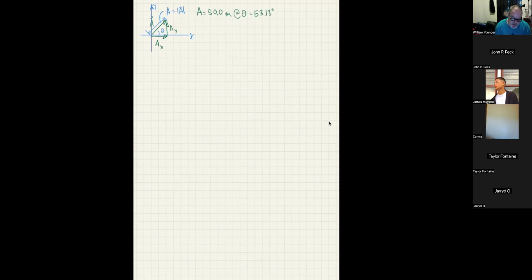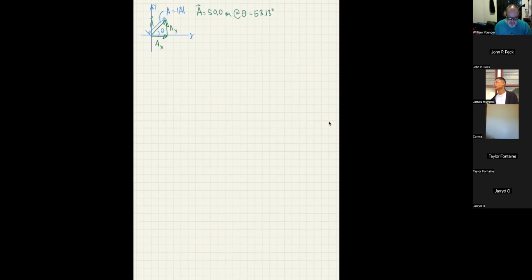Okay. Now that I've stated a magnitude and direction, I can actually put a vector over top of that, and it's now a vector quantity. You're not supposed to have a vector equal to something that's not a vector, no more than you're supposed to have apples equal to oranges.